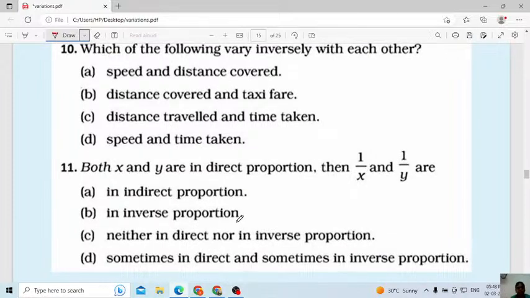Which of the following vary inversely with each other? Which of the following is inversely proportional to each other? Remember the formula and tell me. We solved even one question also.